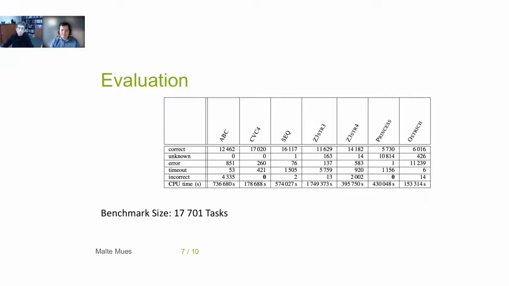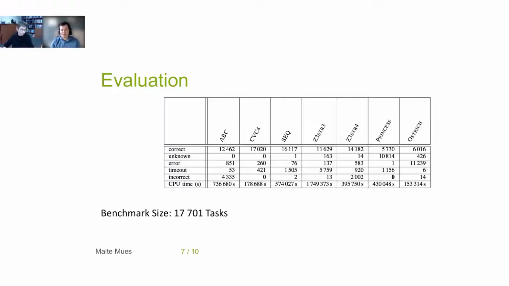The next thing we need is a correct result. Often the tasks are presented in the literature as instances collected somewhere during the analysis of a problem, but there isn't what we call a ground truth label saying, okay, we collected this task and we expect it to be satisfiable, or we collected this task and we expect it to be unsatisfiable. What we did here is use a set of different SMT solvers.